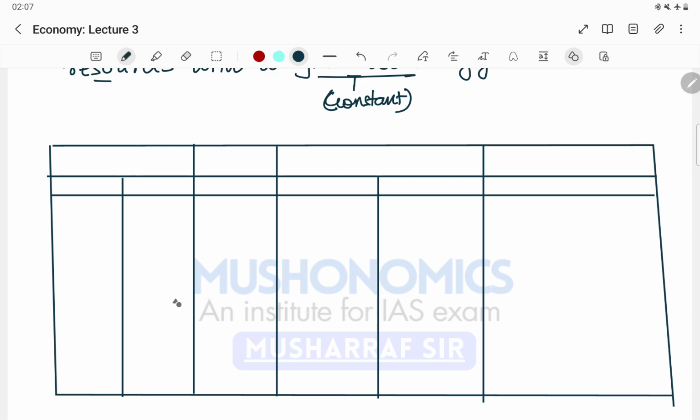Okay, fine, better. Let's see. This is the column for inputs. This is capital. So input. So what we make capital here only. This is capital, right?